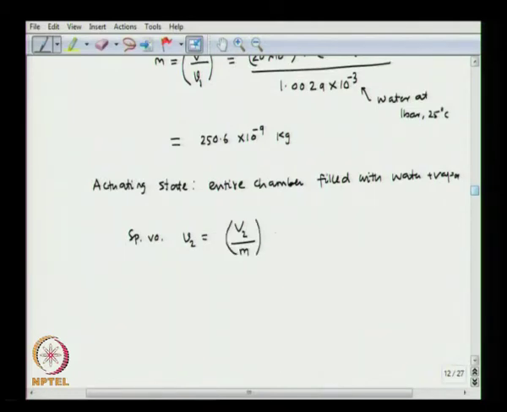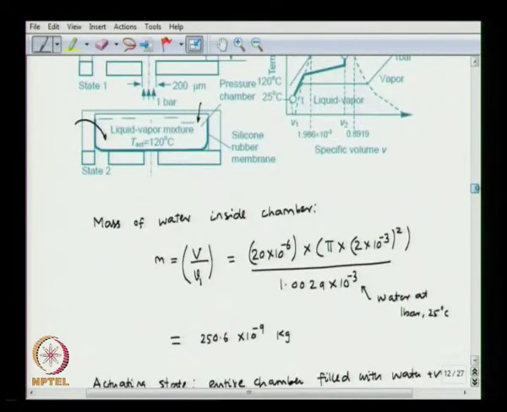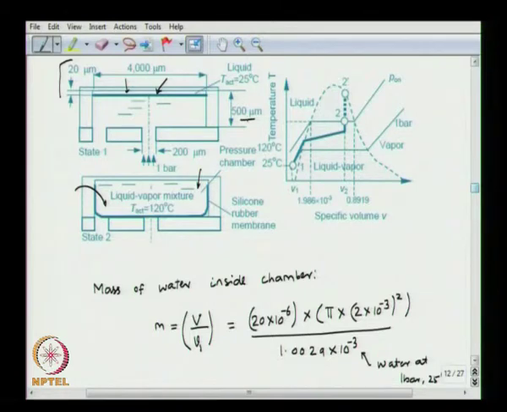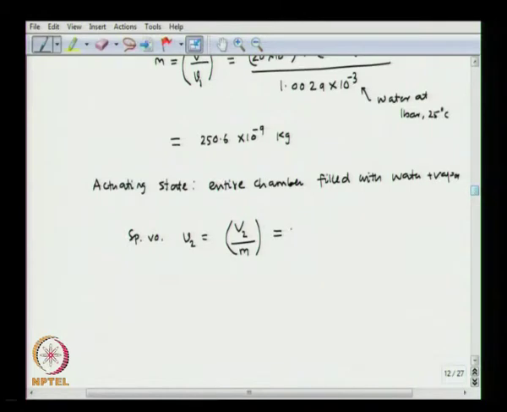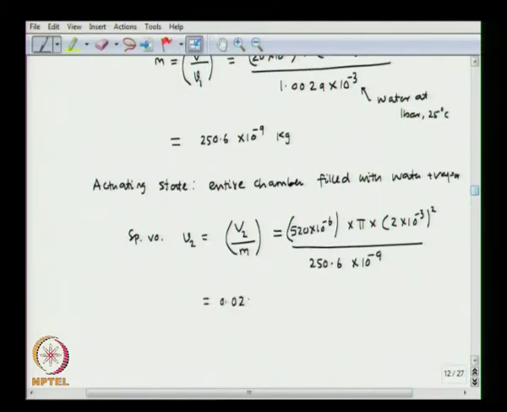The mass is not going to change, the volume has changed. So, the total height here is 520 micron. This is the 500 micron gap plus 20 micron. So, this will be 520 into 10 to the power minus 6 as the height, into pi into 2 into 10 to the power minus 3 squared, divided by the mass, which is 250.6 into 10 to the minus 9. So, this will be 0.0261 meter cube per kg.